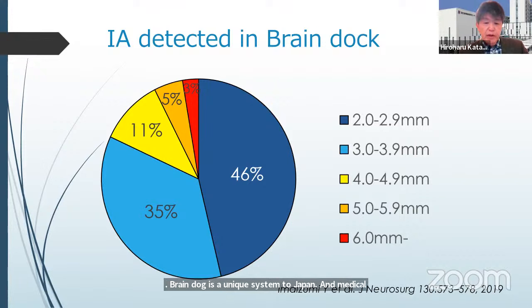Most intracranial aneurysms detected in BrainDoc are 3 millimeters or less in size. In general, an aneurysm of more than 5 millimeters is indicated for surgical intervention. Of course, an aneurysm between 4 and 5 millimeters in size can be a candidate for surgical intervention for various reasons.